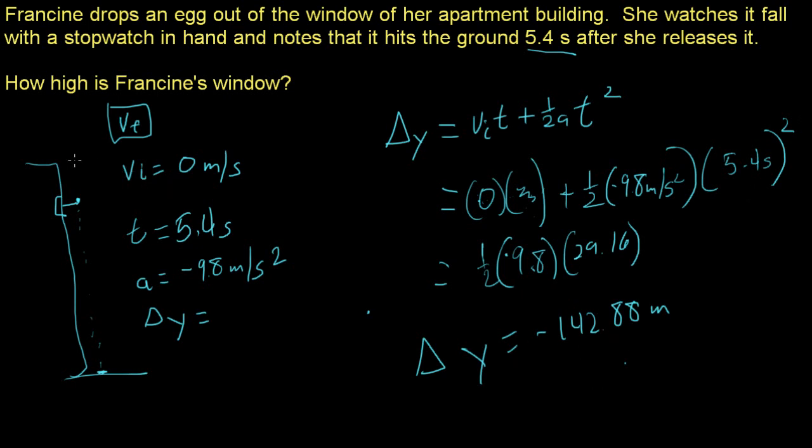Well, it's because we generally define up as the positive direction, so if we fall, that means we went in a negative direction. So this isn't really the answer to the question. The answer to the question is how high is her window? Her window is 142.88 meters high, but that's because delta y is negative 142.